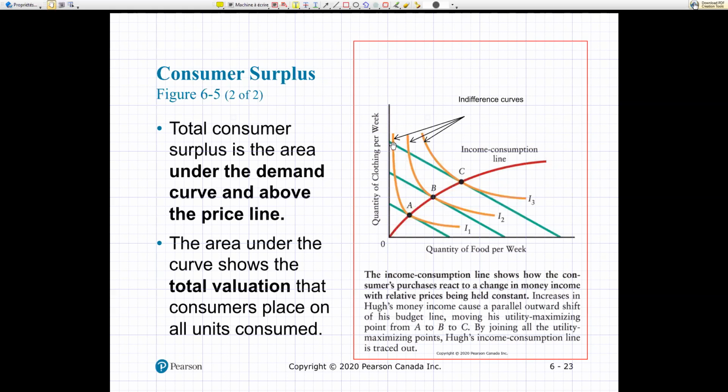Because the first time you saw budget lines, all you saw is what can be consumed. So for instance, if my budget is that one here, then I can consume everything inside this triangle, all these combinations of food per week and clothing per week.